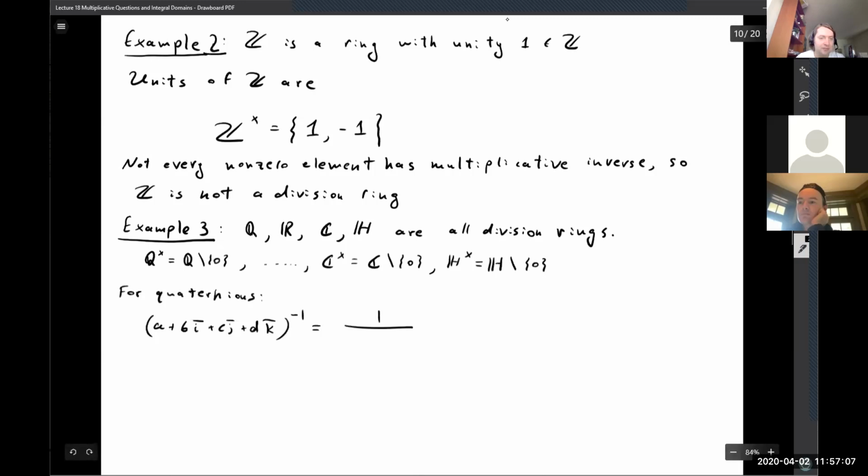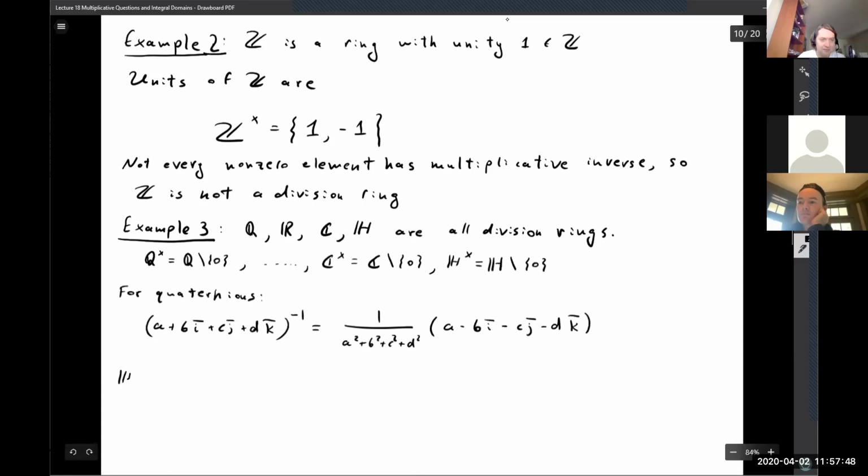So this will be 1 over a squared plus b squared plus c squared plus d squared, multiplied by a minus bi minus cj minus dk. The formula is very similar to the formula for the multiplicative inverse of a complex number. But recall that quaternions is actually an example of a non-commutative ring. So this is a beautiful example of a non-commutative division ring.